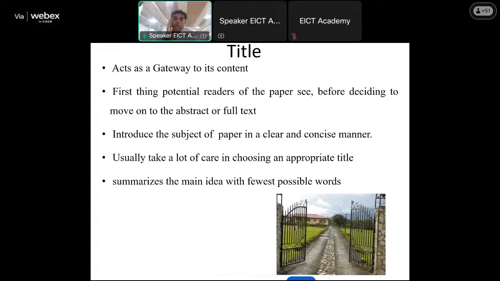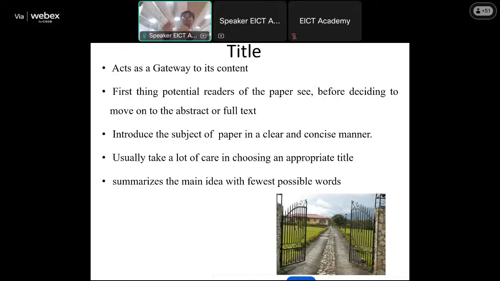Usually take a lot of care in choosing an appropriate title. Title is also one of the very important parameters for whether that particular paper will be available in the database as early as possible.